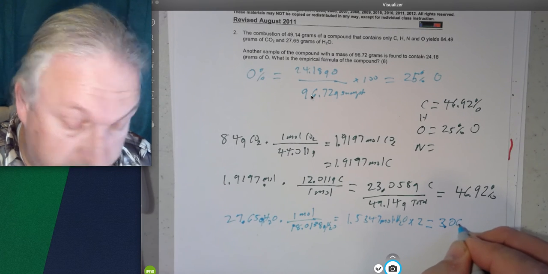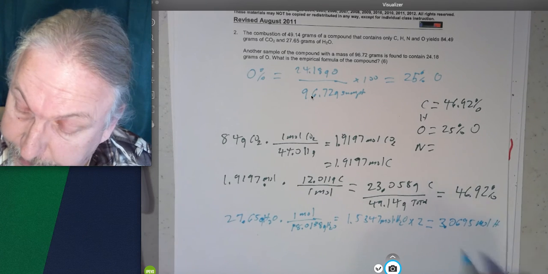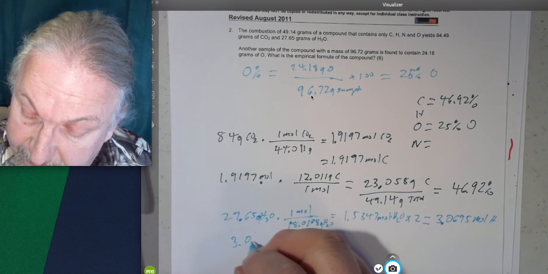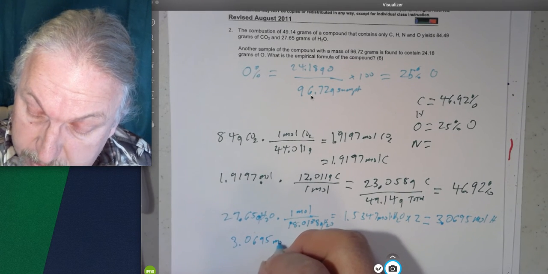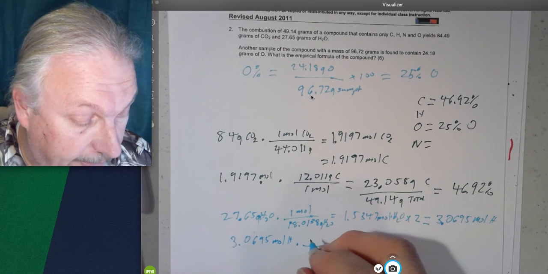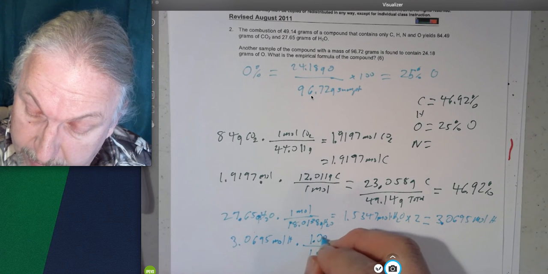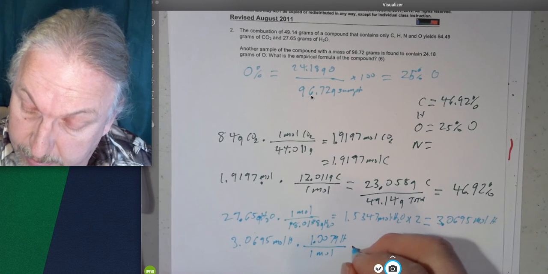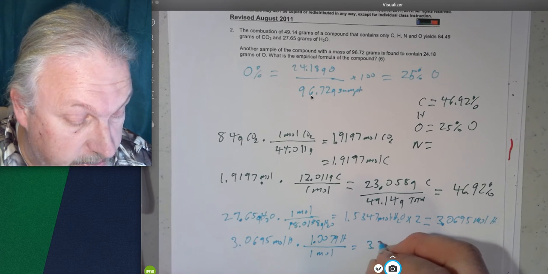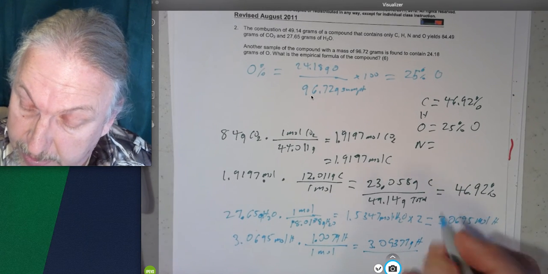And it looks like that is 6.29%. Now let's look. We got 46.92% carbon, 6.29% hydrogen, 25% oxygen. I don't have my percent of nitrogen, but that's not too hard to get. Because now if I take 100 and I subtract the carbon, hydrogen, and oxygen, I get 21.79% nitrogen.